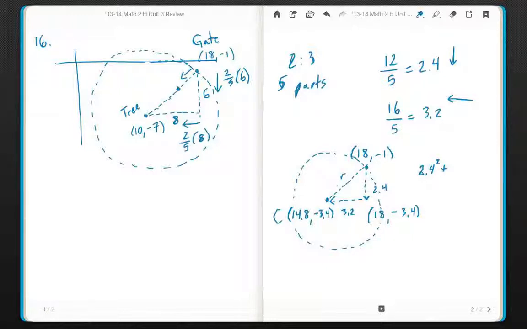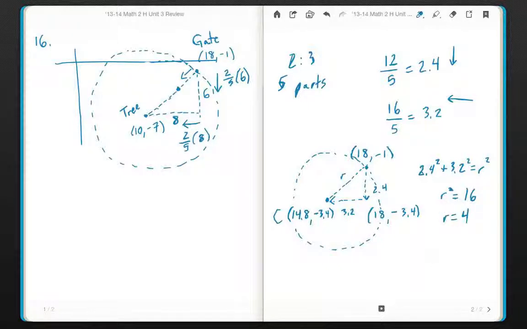So if we're trying to find this, we just made a little triangle here, so I just used the height and the width, 2.4 squared plus 3.2 squared, and that equals the c squared, or excuse me, the radius squared. So if I was to plug this in my calculator, what you end up figuring out is that r squared will be equal to 16. So we take the square root of both sides, and we get that the radius is in fact equal to 4.